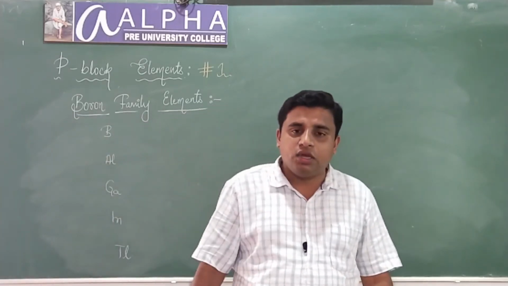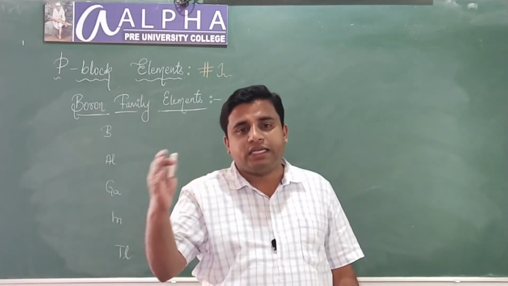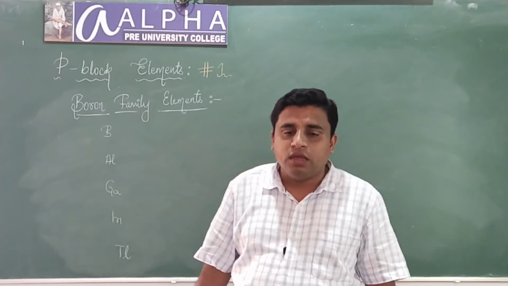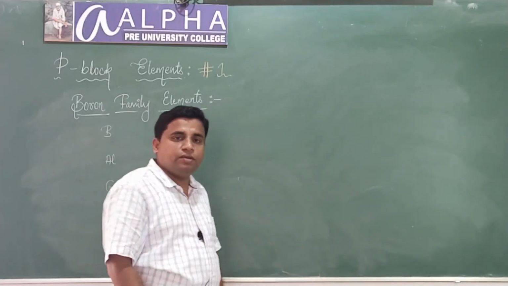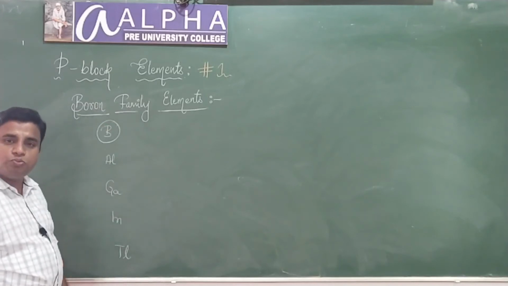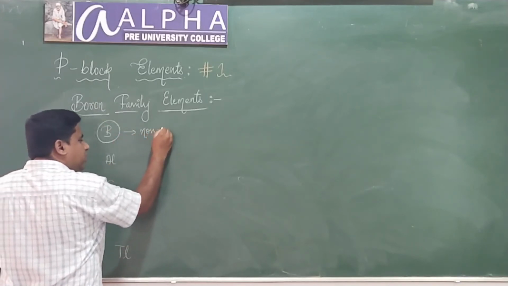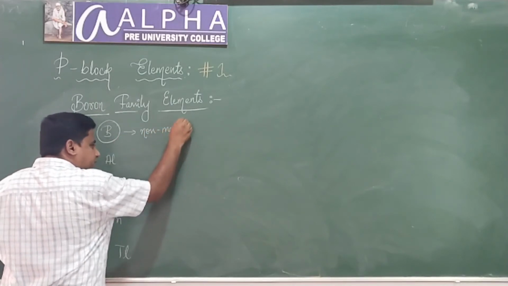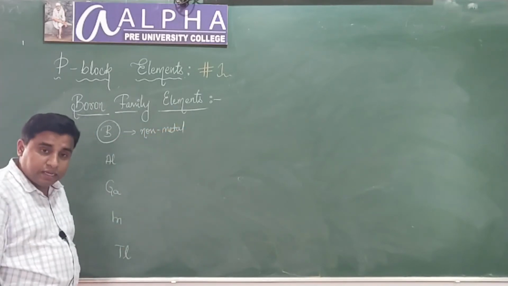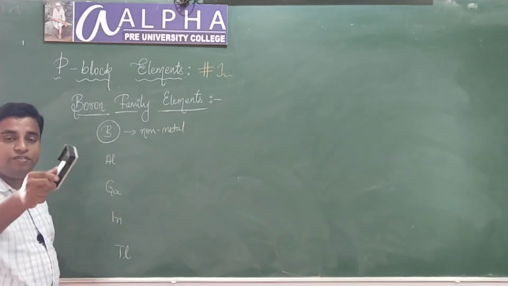Here we have to discuss both their physical properties as well as chemical properties. Now we have already understood that boron is a metalloid, but in our textbook it is given as non-metal. Of course it's a non-metal, but the chemical properties of boron resemble that of a metalloid.